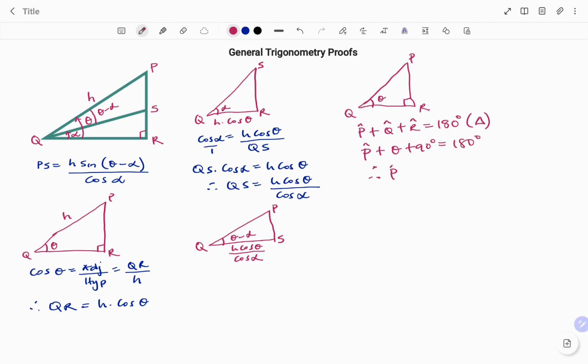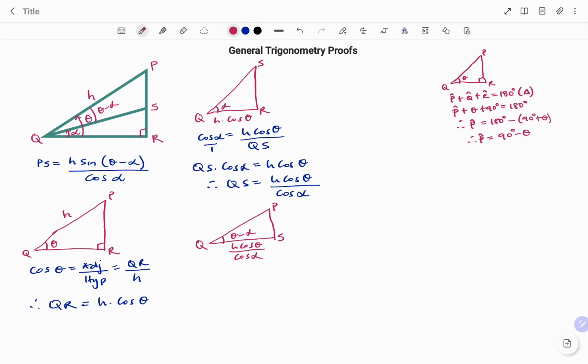Therefore, the angle at P will be 180 degrees minus 90 plus theta. Therefore, angle P equals 90 degrees minus theta. So putting that back into the diagram, I have the angle at P to be 90 degrees minus theta.